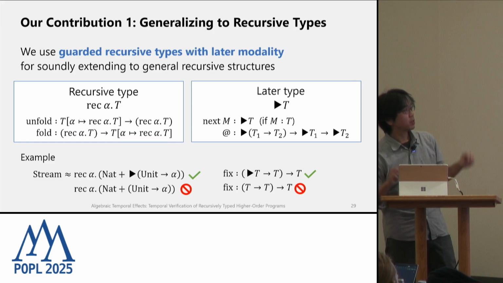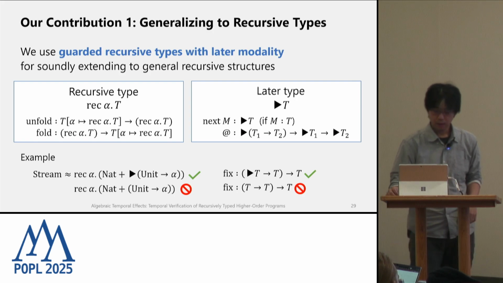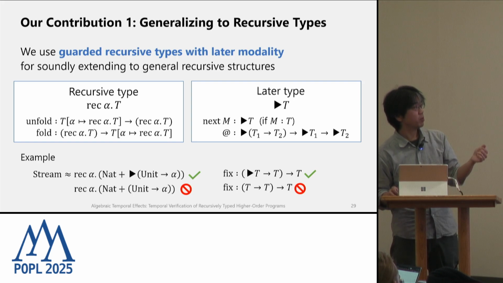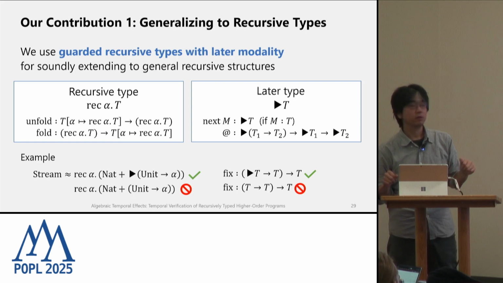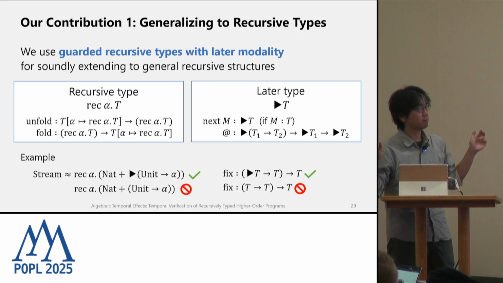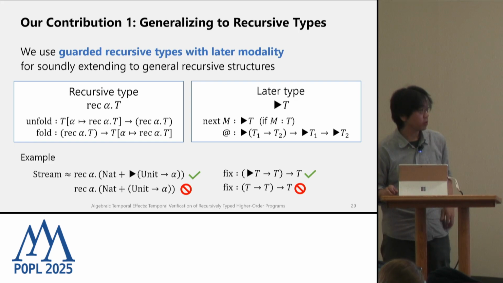The later type intuitively means that there are some later computations. The next constructor means that its argument M is a later computation. And it also provides some operations, like ap, to manipulate later computations. But I don't go into the detail in this talk.